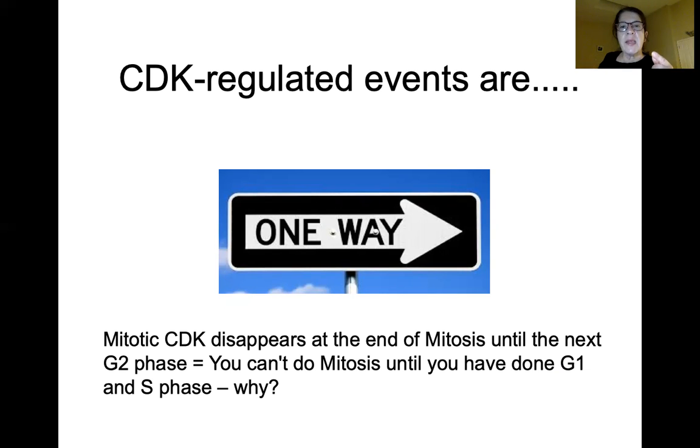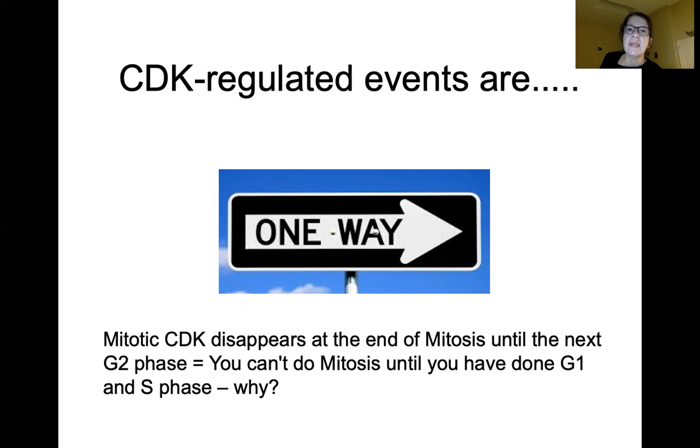So event A ensures that event B happens, and then once event B starts, it inhibits event A from happening again. So things are going one way, A, B, C, D. There's no A, B, A, C, A, B. It's only A, B, C, D. So it's going one way.